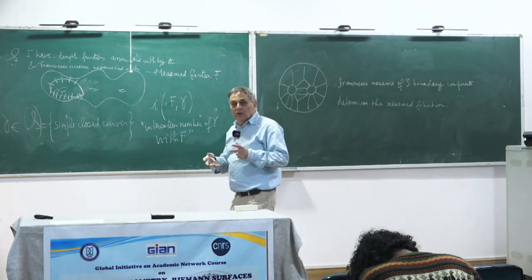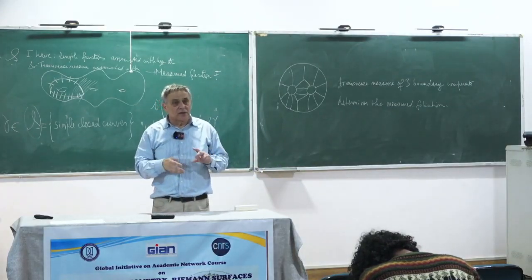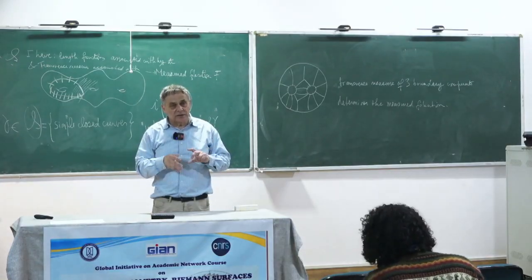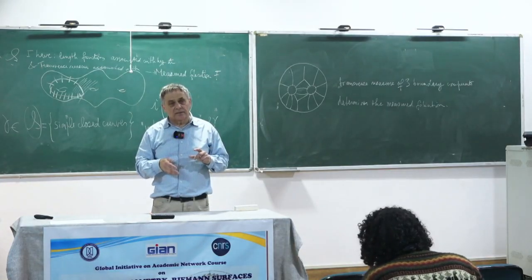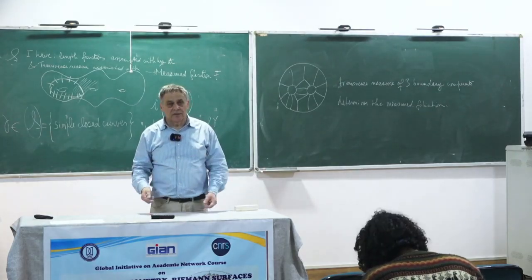So you can glue measured foliations on pair of pants, and you have also Fenchel-Nielsen coordinates. Of course, Fenchel and Nielsen did not know anything about measured foliations, but you also have Fenchel-Nielsen coordinates for measured foliations.